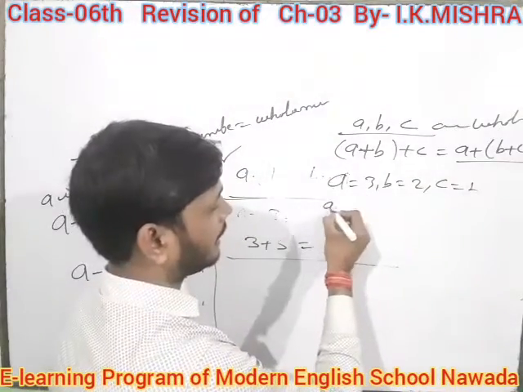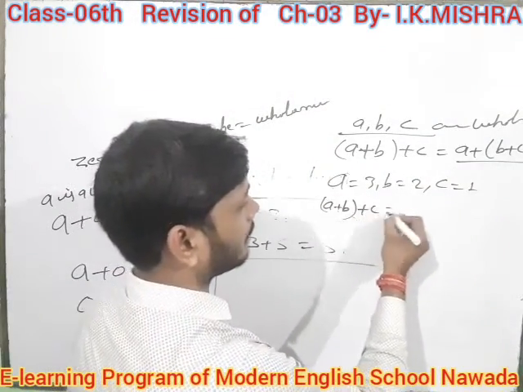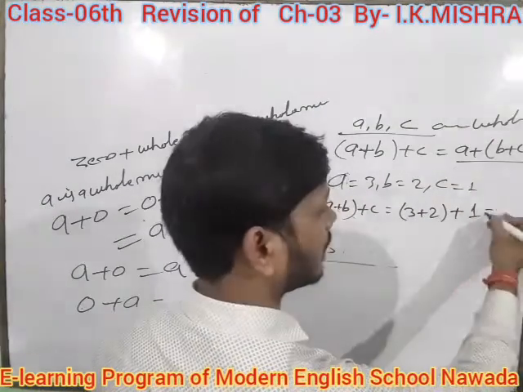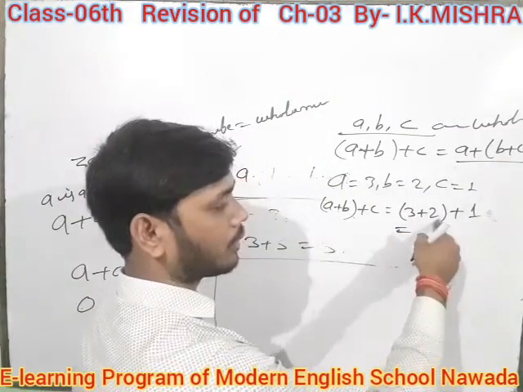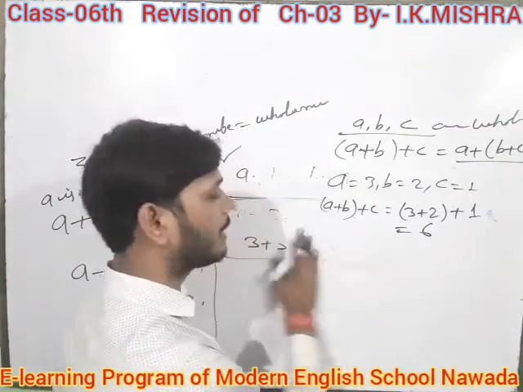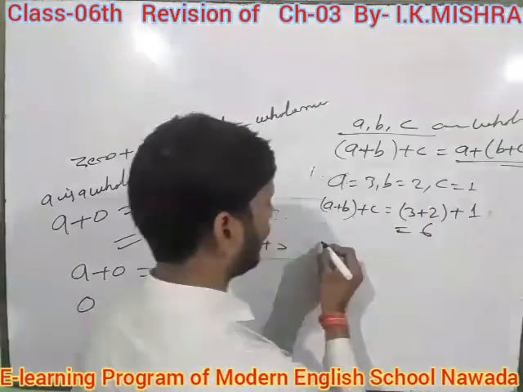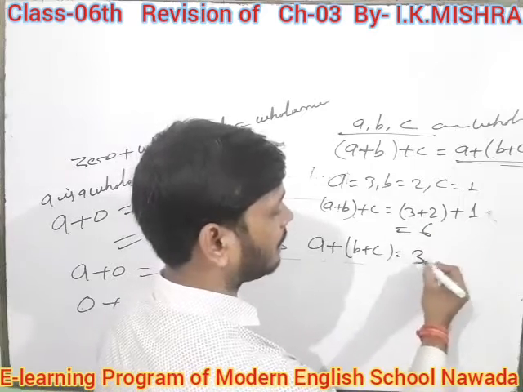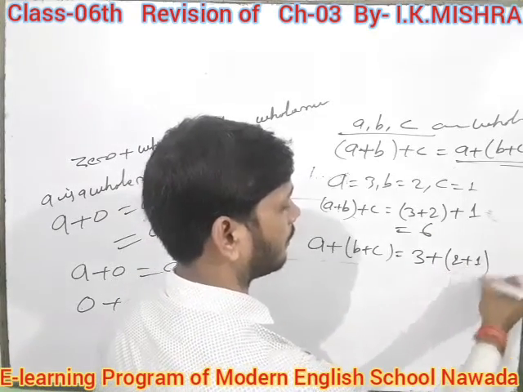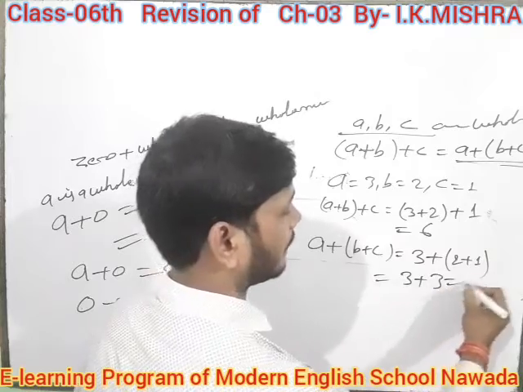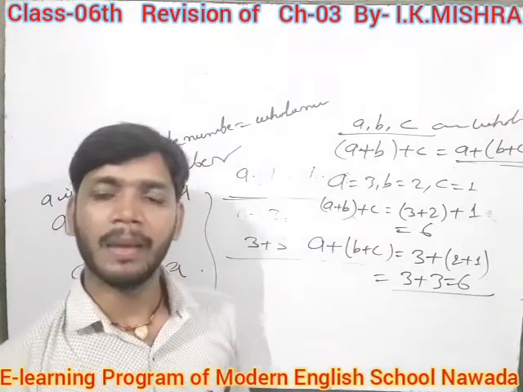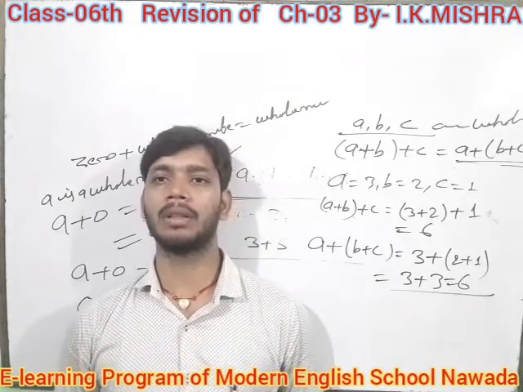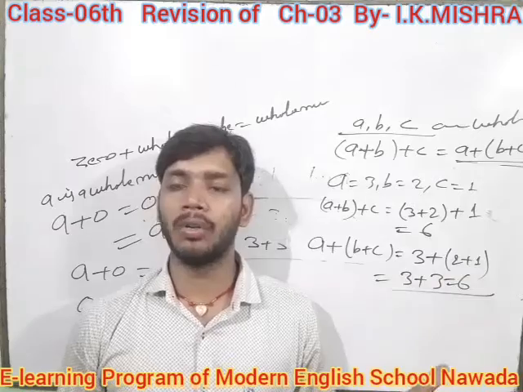Then (A plus B) plus C means 3 plus 2, which is 5, and plus 1 is 6. And A plus (B plus C) means 3 plus (2 plus 1), that means 3 plus 3, which is equal to 6. Clear, friends? This property is known as the associative property of addition of whole numbers, or the associative law.